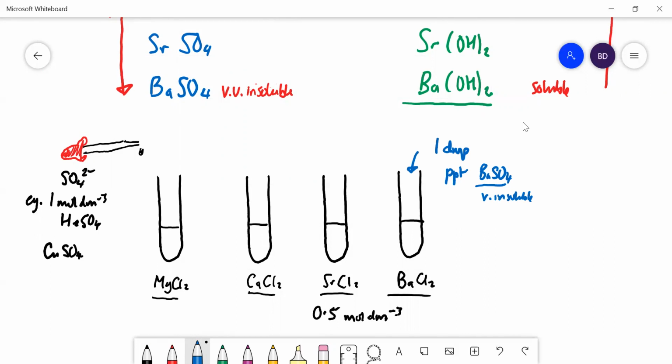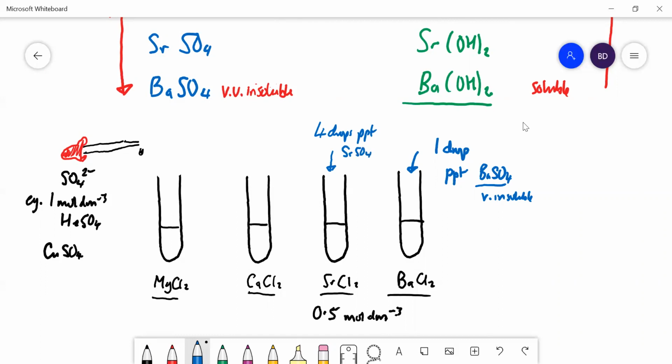If you did it with the strontium chloride, the first drop you wouldn't see a precipitate, because strontium sulfate is a tiny bit soluble. You could probably get away with 2 or 3 drops, and then when you added the 4th drop, you would get a precipitate of strontium sulfate.